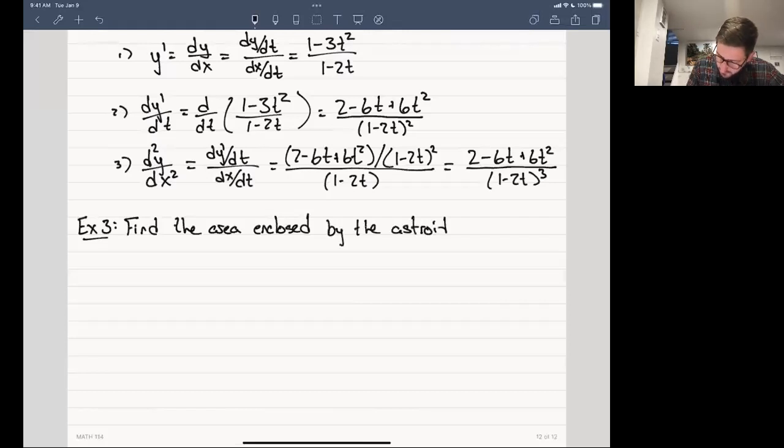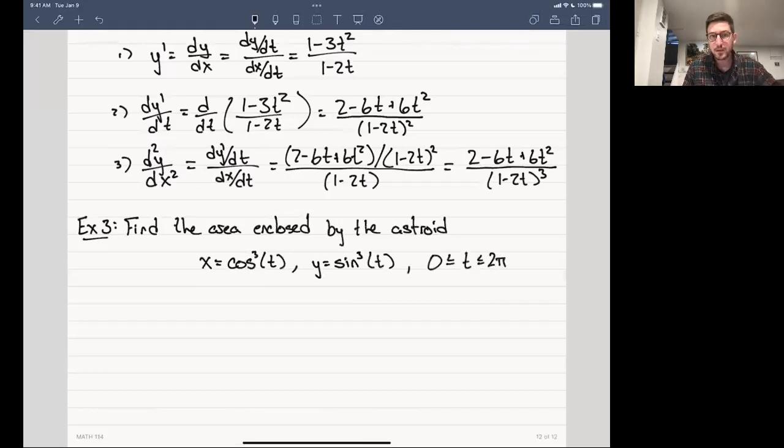I will show you what I mean. So the asteroid here is given by x is equal to cos cubed of t, and y is equal to sine cubed of t, and in this case, you have 0 less than or equal to t less than or equal to 2 pi.